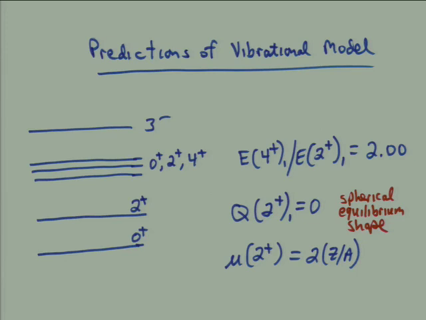The next 3 states are going to correspond to the case where I've got 2 vibrational phonons, and those can produce spin and parities of 0, 2, and 4. The energies of these phonons are more or less quantized, so I would expect this energy to be roughly equal to that energy. That is, the spacing between the 0 plus and 2 plus should be approximately equal to the spacing between the 2 plus and these 3 states.